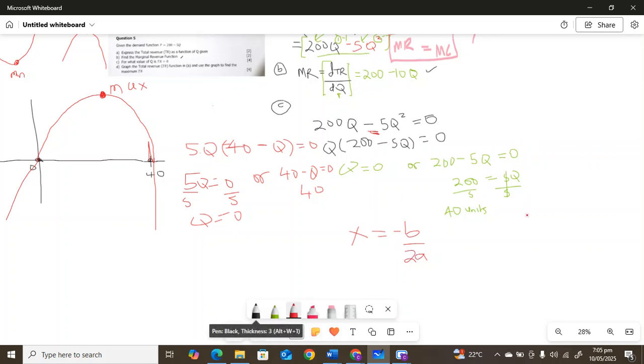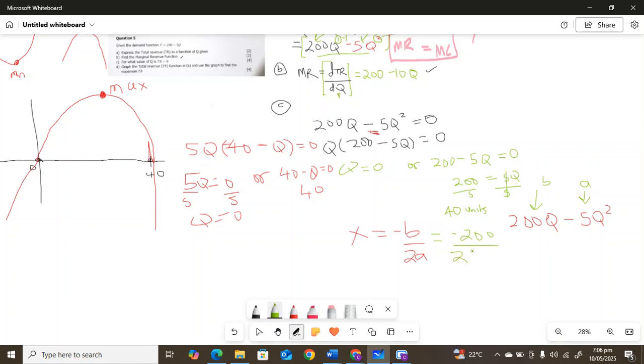Our quadratic equation here is 200q minus 5q squared. So negative 5 is our a, 200 is our b. So you're going to say negative 200, since it's negative b, over 2 times a.